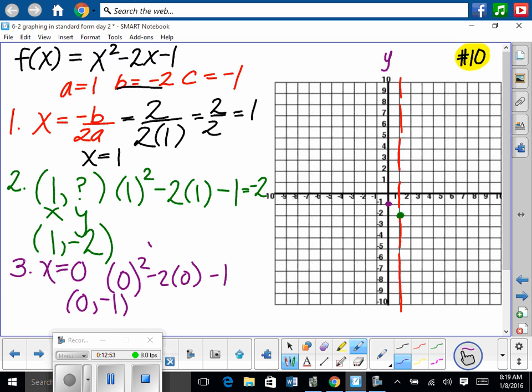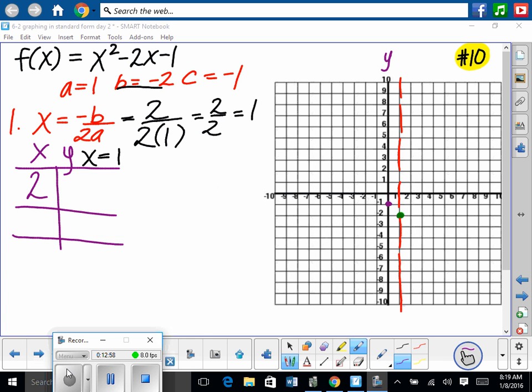Yes. Okay, now I want you to find 2 other points. We're going to pick 2 other X values to find the Y value for. So 2 and 5, that's fine with me. Let's find the function at 2. Everybody plug it in. 2 squared minus 2 times 2, minus 1.